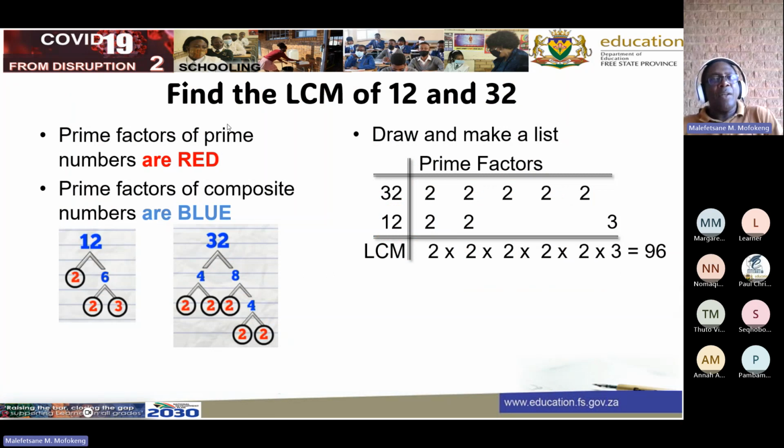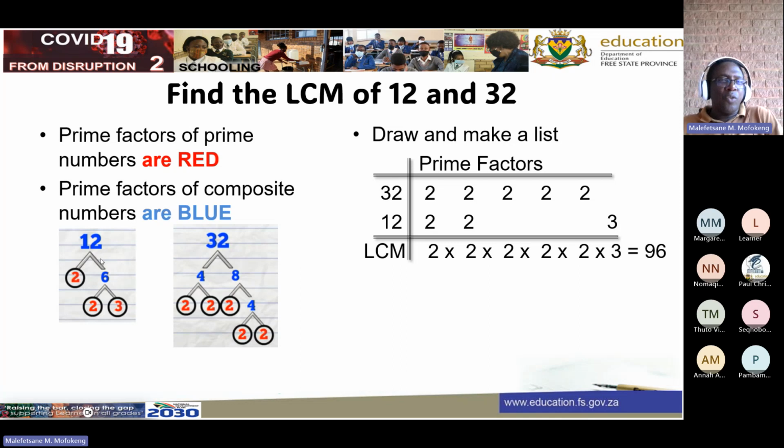Let's proceed again to find the LCM of 12 and 32. Here, listen very carefully. The prime factors of a prime number are red, and the prime factors of a composite number are blue. You can see for 12, we have prime factors being red, 2, 2, and 3.